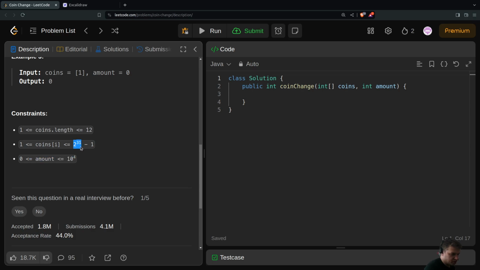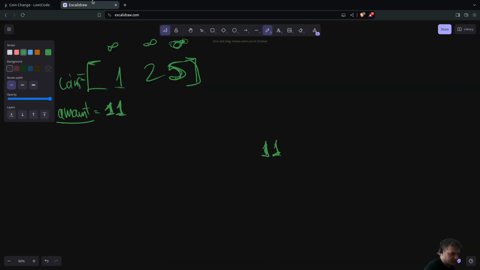The values of the amount are up to 10 to the power of 4, so I can just save this in an array. This is index 11 actually.